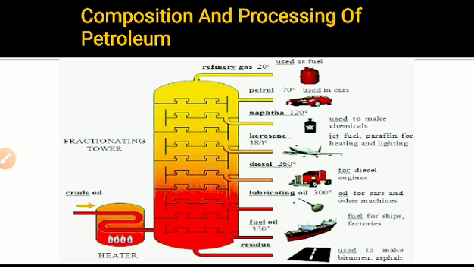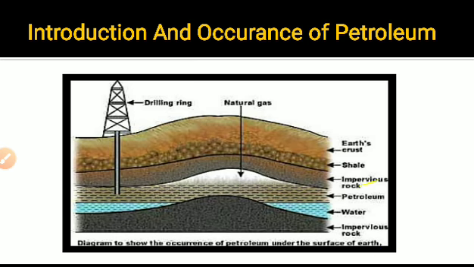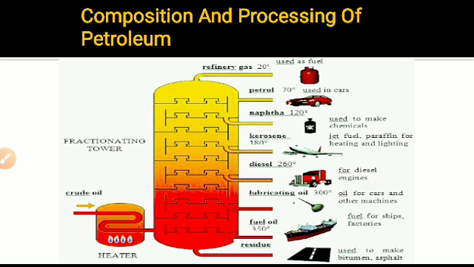This heavy oil contains lubricating oil, petroleum jelly, grease and paraffin wax. These are used for making bitumen and asphalt. Also, this is used as a lubricant in medicine and in cosmetics.